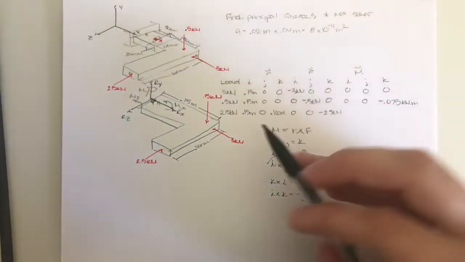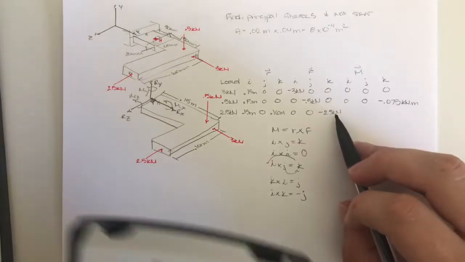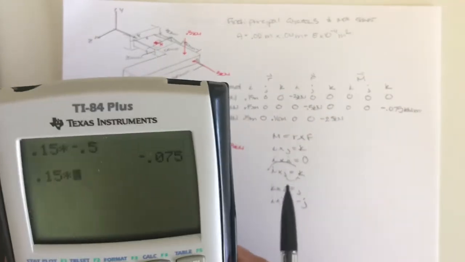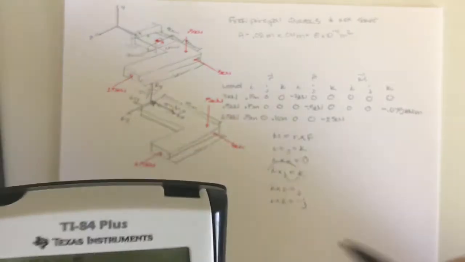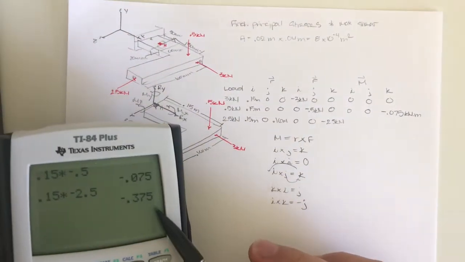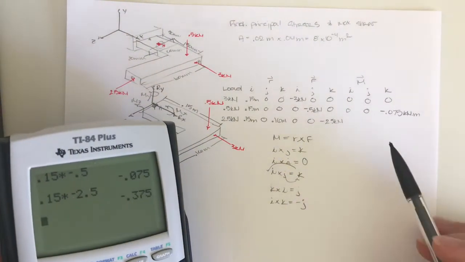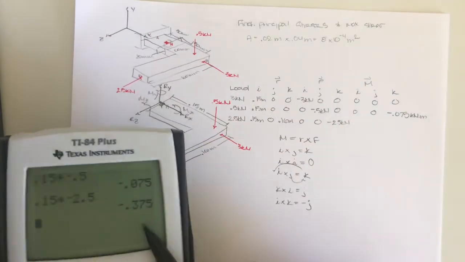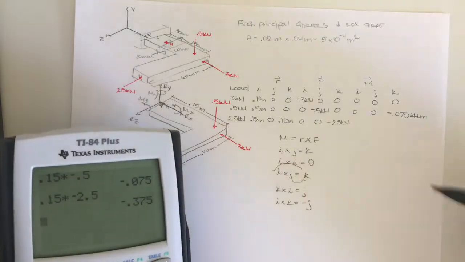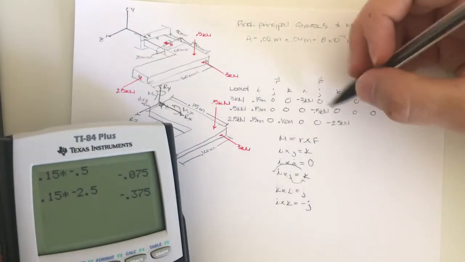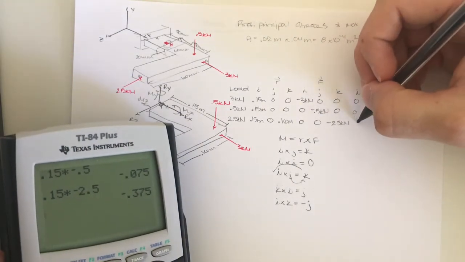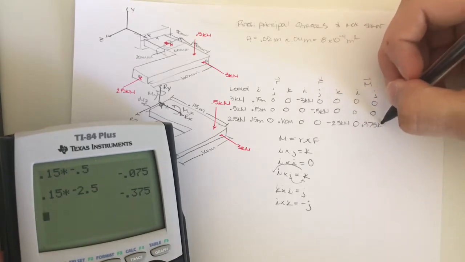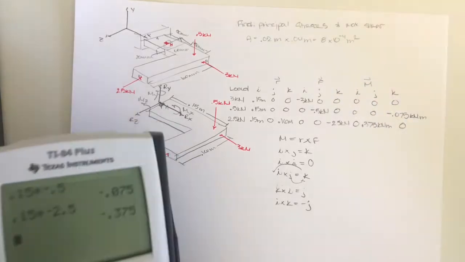We have 0.15 times negative 2.5, which gives us a negative 0.375. However, we need it to be a negative j, so this would be j, and then multiplying by a negative gives us a negative j. So that is 0.375 kilonewton meters, and 0.